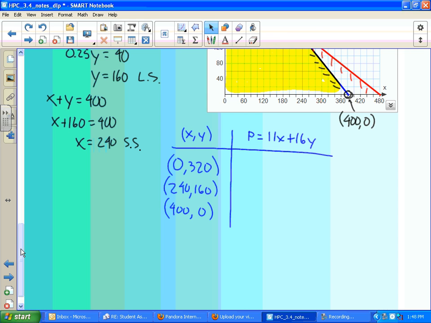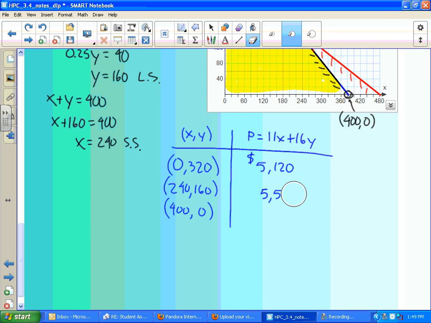All right, if I plug this in, you guys can check to make sure I'm doing this right. But I think that the profit you would get if you didn't sell any short sleeves and only sold long sleeves is $5,120. I believe this one is $5,500.